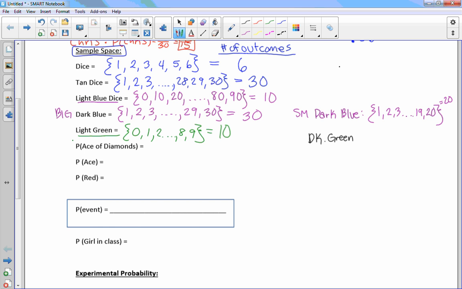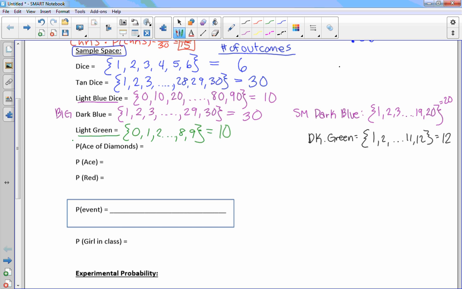What's your sample space? 1 through 12. 11, 12. So there are 12 outcomes. What's your probability of rolling an even? 1/2. Alright, next. If I have everyone with a die, I'll put it up here in this baggie.